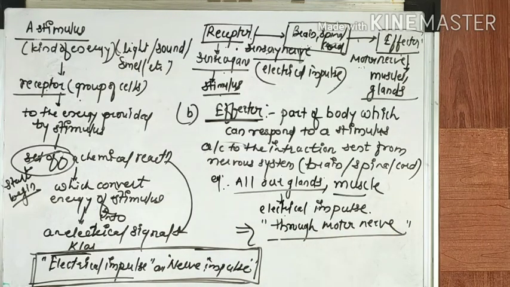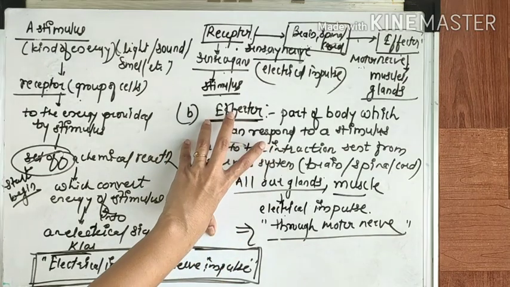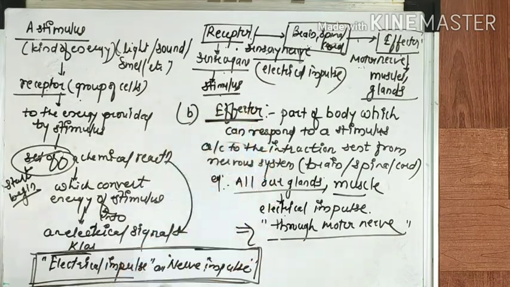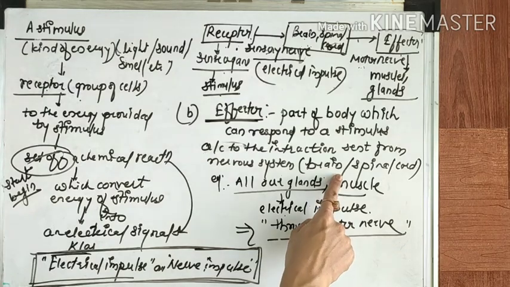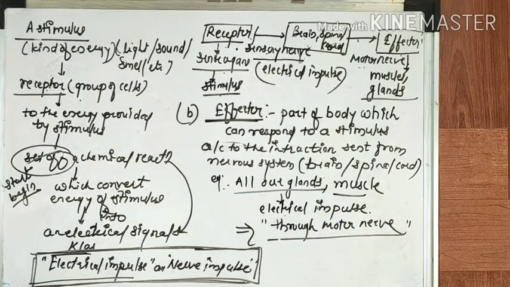Again I am explaining and summarizing this portion. So what is this effector? An effector is a part of the body which can respond to the stimulus according to the instructions sent from the nervous system. It means this is sent by the brain and spinal cord, right?